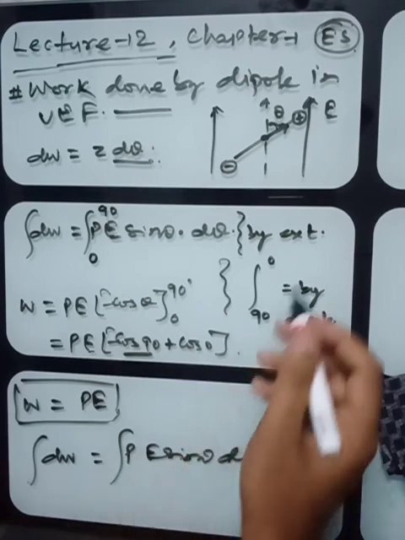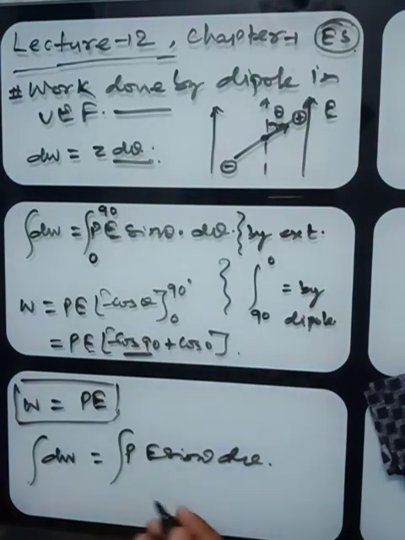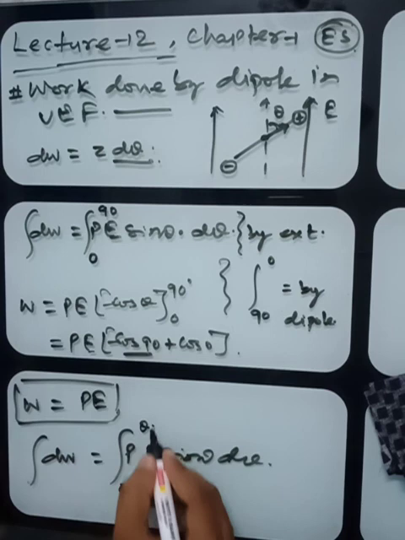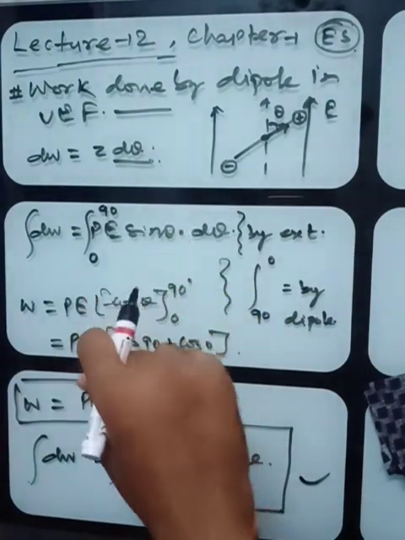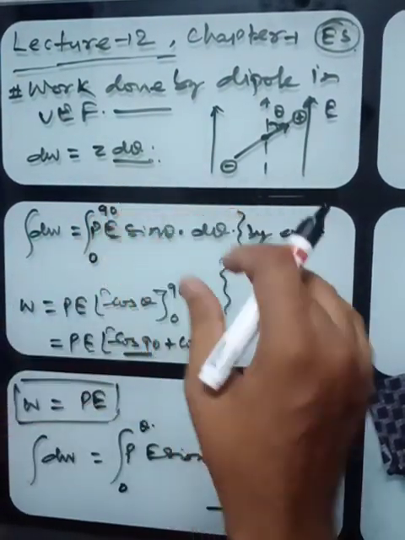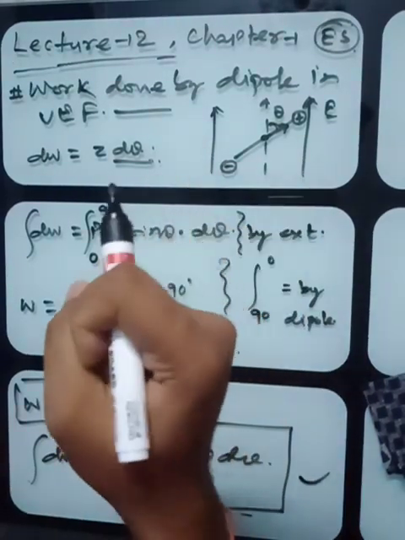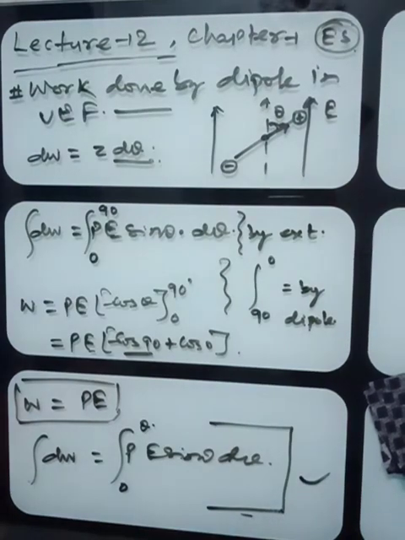Or if you are asked from theta to 0 or theta to 90 how much work will be done, you can find it from 0 to theta. You can derive it another way. So this is all about today's lecture, students. In the next class we'll study the solid angle, Gauss law and theorem. Okay students, thank you very much.